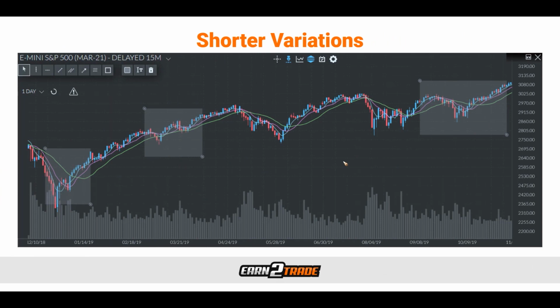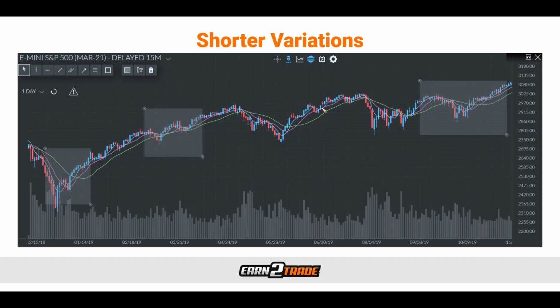As we mentioned at the beginning of our video, the SMA line can be adjusted by what is called the period. The period is how many candles or how many periods are being averaged together to generate these plotted points, which then create the SMA that we are seeing across the chart here.